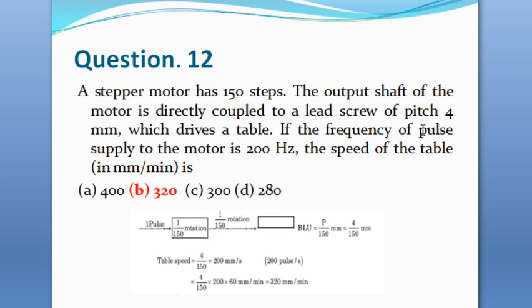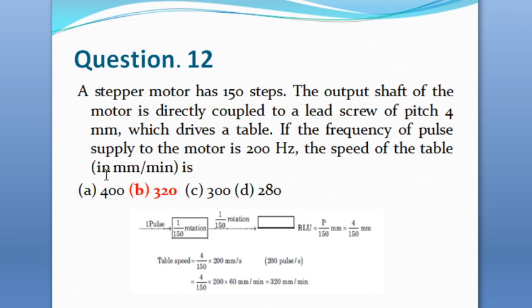Here the frequency value is given, 200 Hz, 200 pulses per second. The pulse generator generates 200 pulses per second. Therefore, table speed in millimeter per second is 1 BLU multiplied with 200. This is the table movement per second.